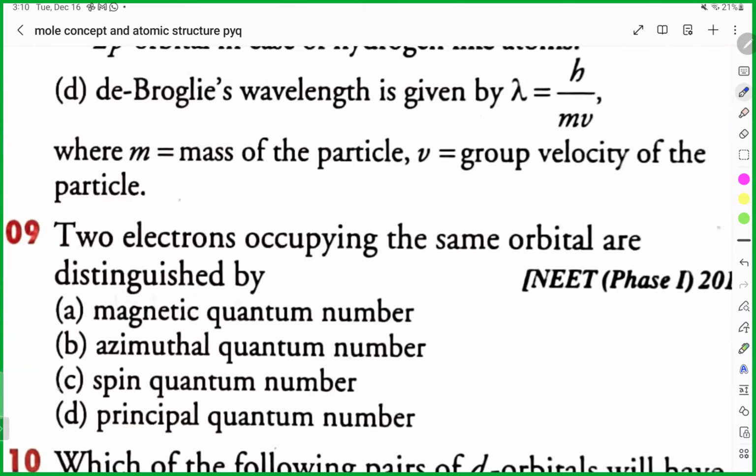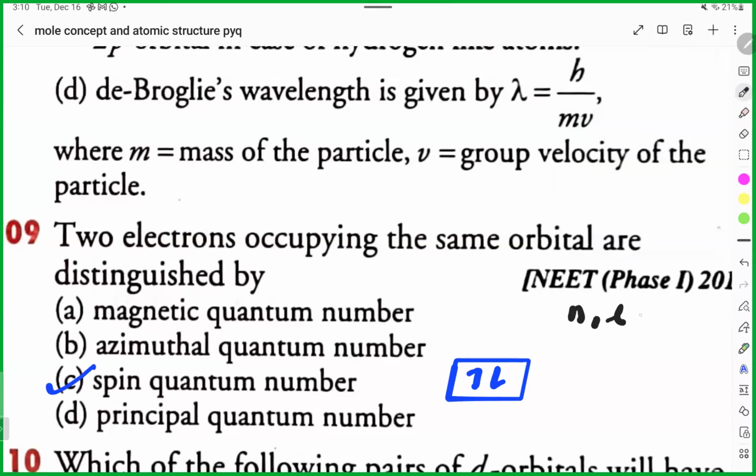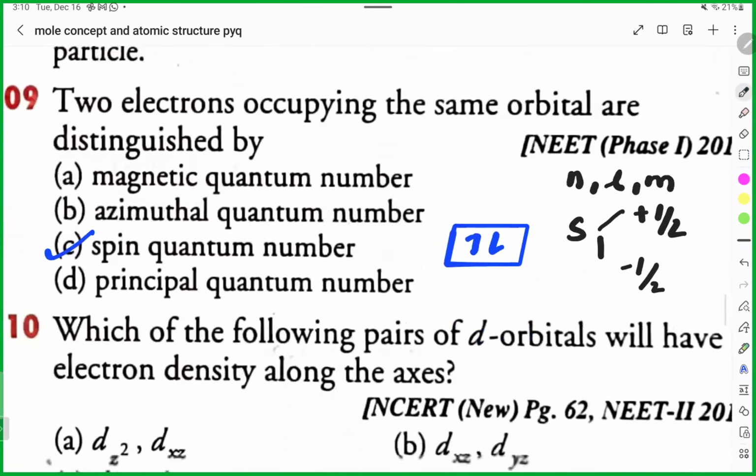Principal? Spin quantum number. How do I know? Because in one orbital there are two electrons. How can I differentiate these two? Their n value, L value, and m value are the same, but their s value is different. One has plus 1 by 2, another has minus 1 by 2. Make sense? So spin quantum number.